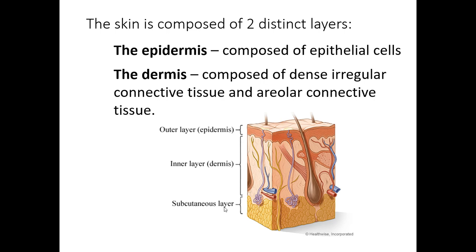That is a superficial fascia. It's located deep to the dermis layer. It's composed mainly of adipose tissue, and that adipose tissue provides shock absorption or insulation in that area. The subcutaneous layer also anchors the skin to the underlying structure, which is mostly muscle.